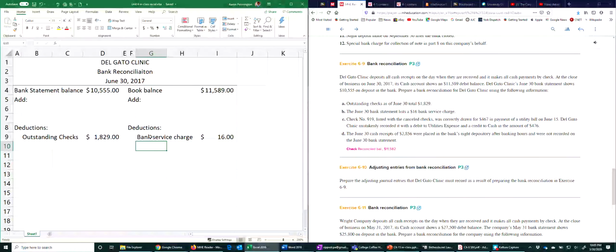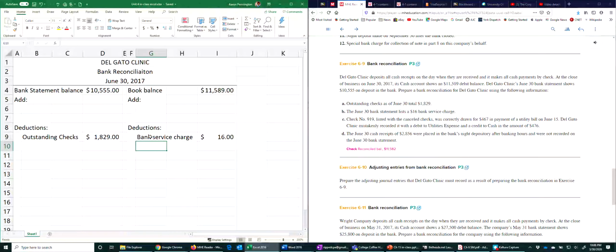What happened here is that the check was correctly made out for $467, but the accounting department recorded it for the wrong amount. This would be harder to do with automated systems, but in a manual system, this theoretically could happen.